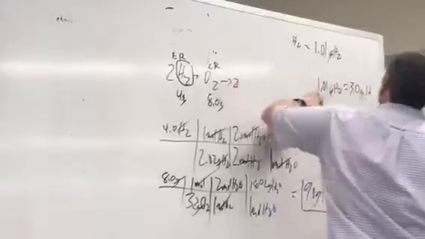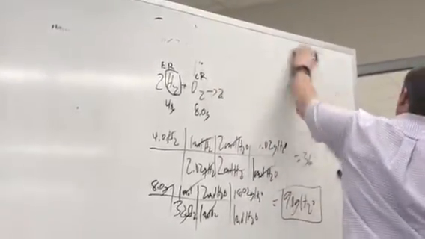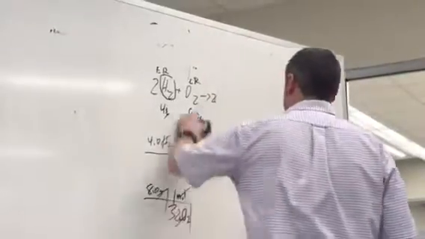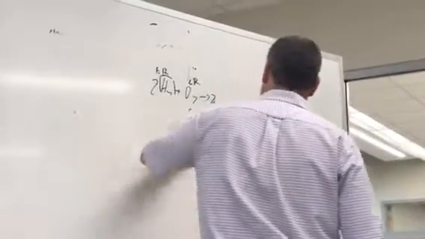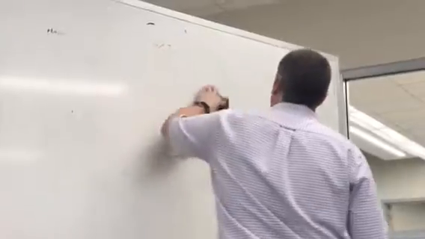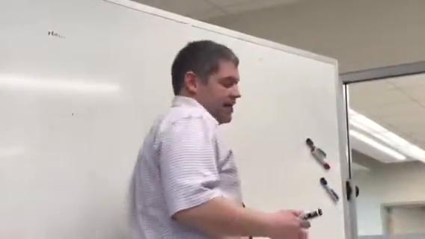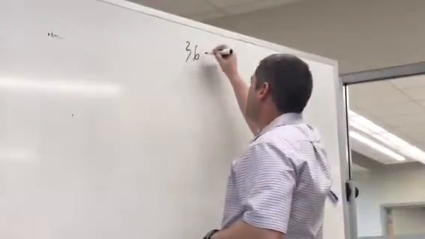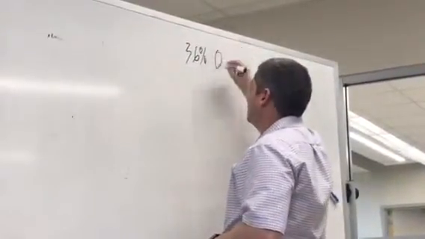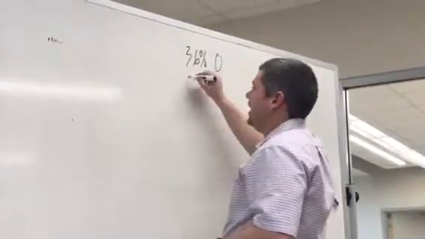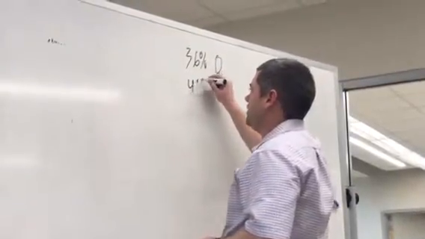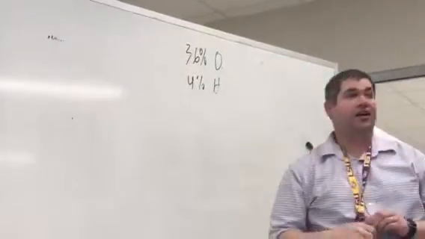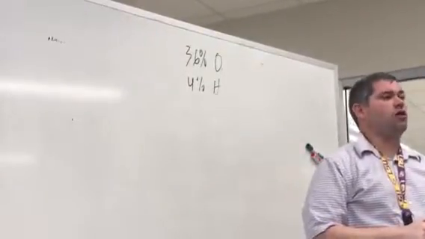Let's say I have 36% oxygen, 4% hydrogen, and 60% carbon.